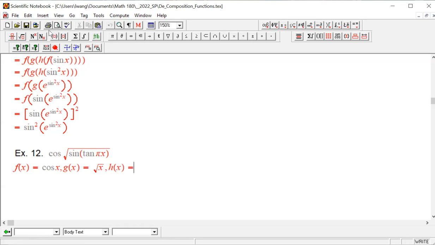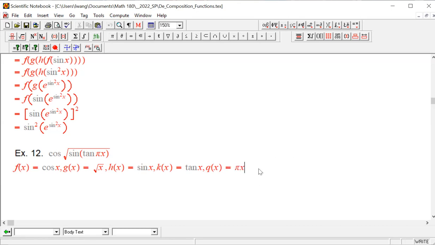And that's going to be sine x, right? Sine. So k of x is tangent of x. And finally, let's make a q of x, and that's going to be pi x.